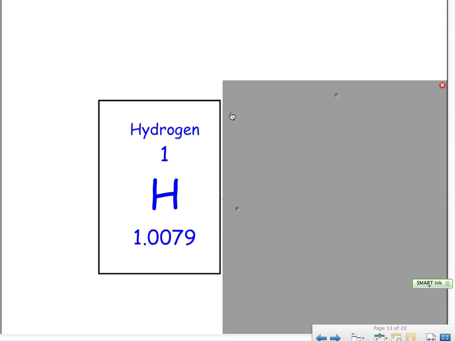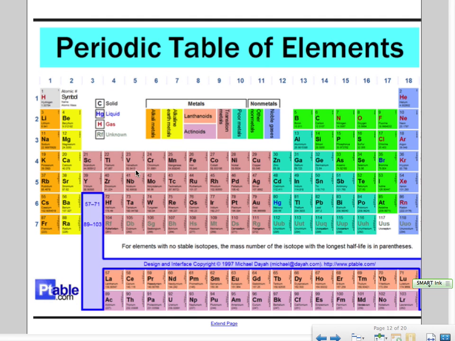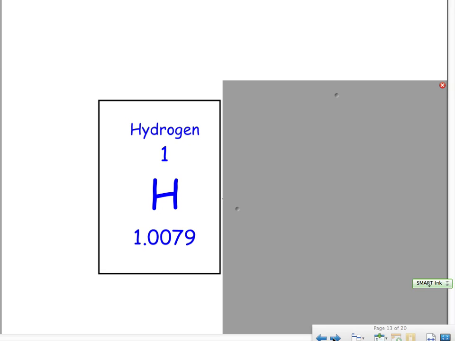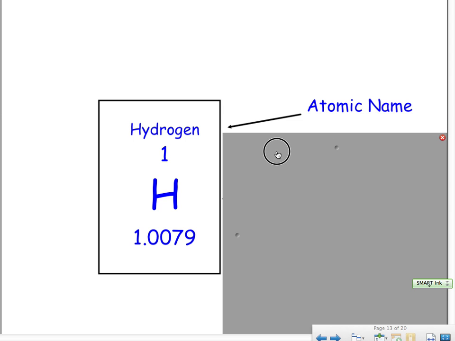All right, so this box, just go ahead and draw this box and make it big enough so that you can actually label the parts. So here we have a box of hydrogen, and the information inside of here is just taken from this part right here on the periodic table. So go ahead and draw this, and let's label it. The hydrogen is known as the atomic name.